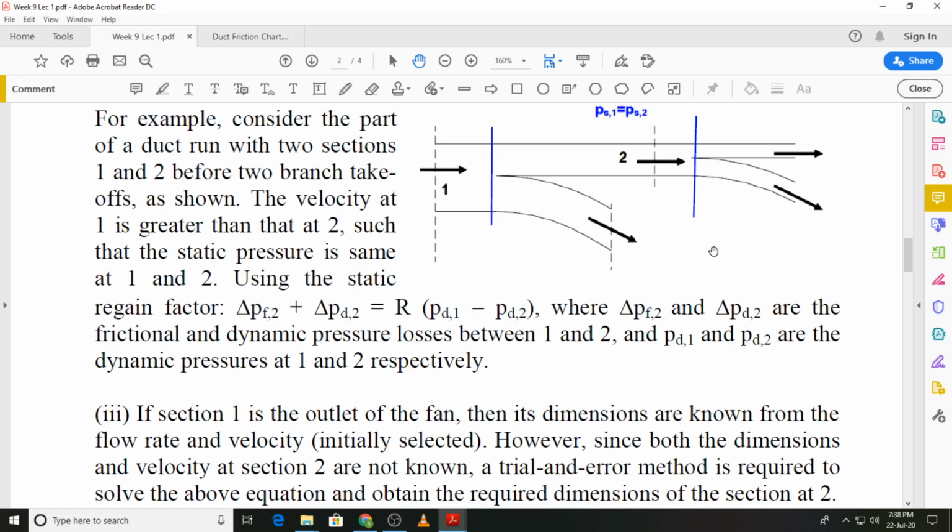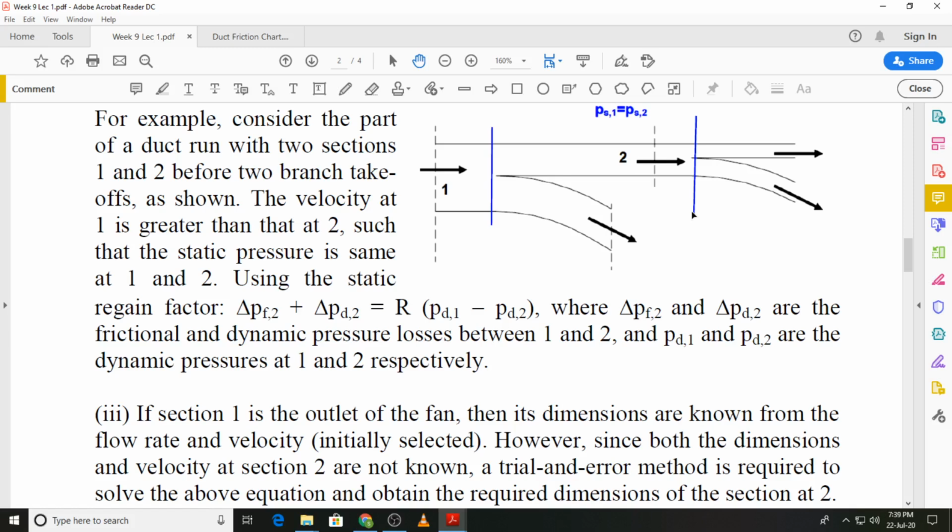Let's say at section 1 the static pressure is 50 pascals and we have a velocity of 8 meters per second, which will be equal to 38.4 pascals dynamic pressure, using a standard density of air of 1.2 kilograms per meter cube.